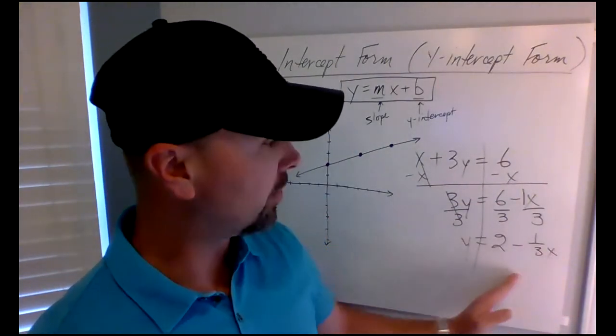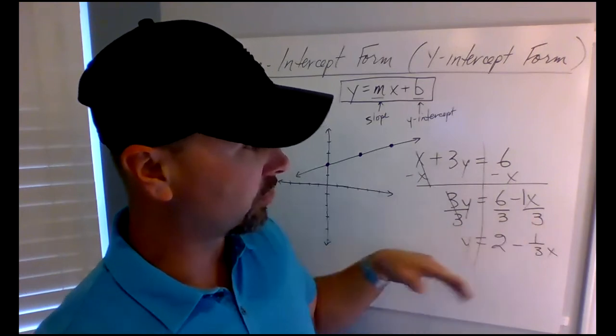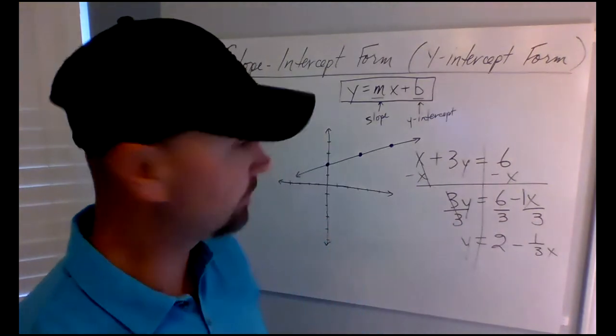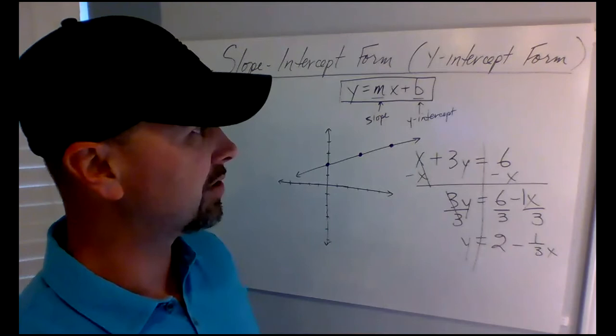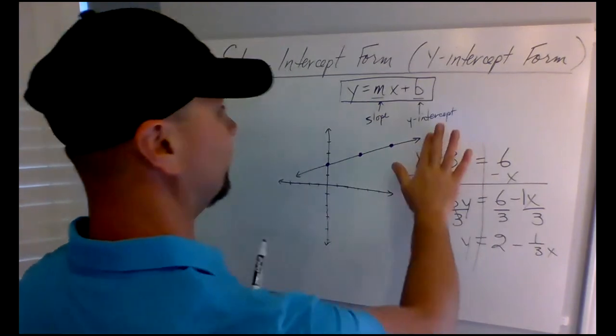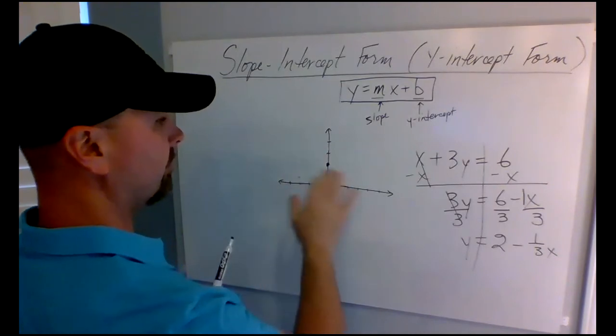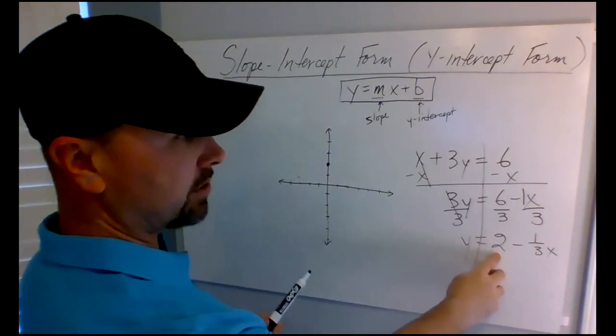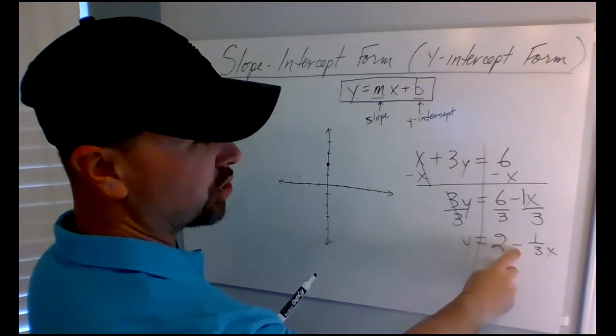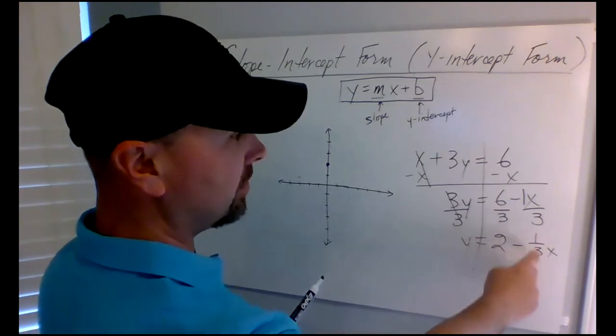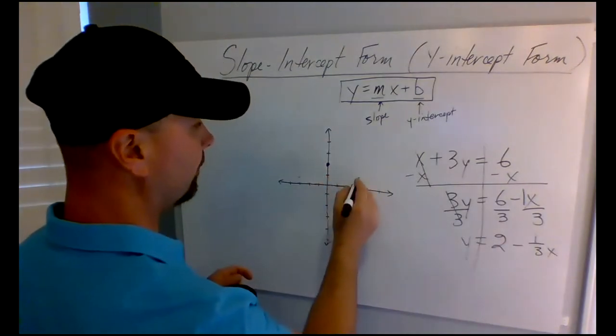All right? And so when we turn it into this form, then it's pretty easy to read. Oh, nope, I did not do it correctly, did I? It does cross at the positive 2, but it's dropping, it's decreasing 1 over 3.